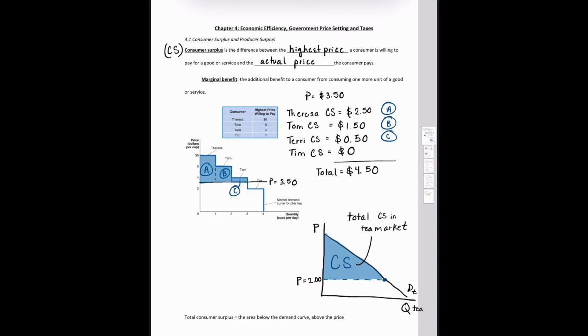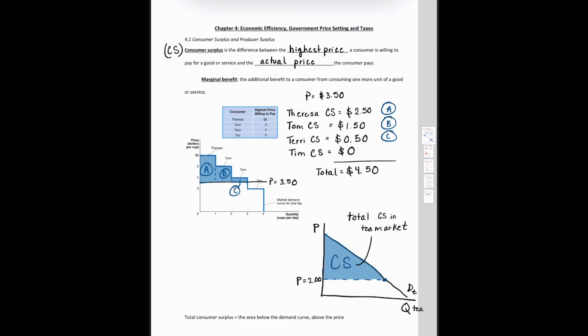First thing we're going to be talking about is consumer surplus, and then we'll move on to producer surplus. Just like we talked about demand and supply, we're talking about the consumer versus the producer. Keep in mind, surplus is the extra above what is used or needed.